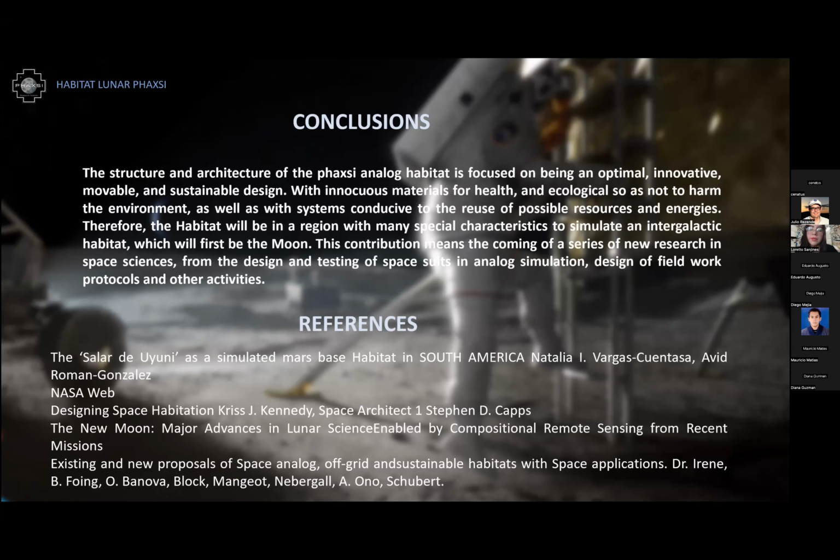Therefore, the habitat will be in a region with many special characteristics to simulate an intergalactic habitat, which will first be the moon. This contribution means the coming of a series of new research in space science, from the design and testing of space suits in analog simulation, design of field work protocols, and other activities.